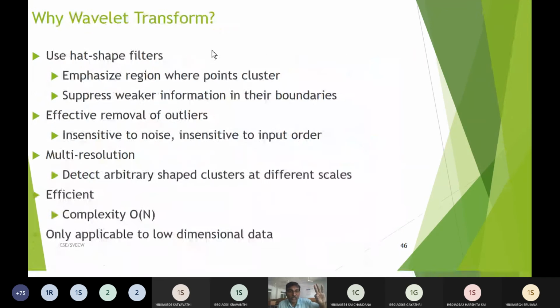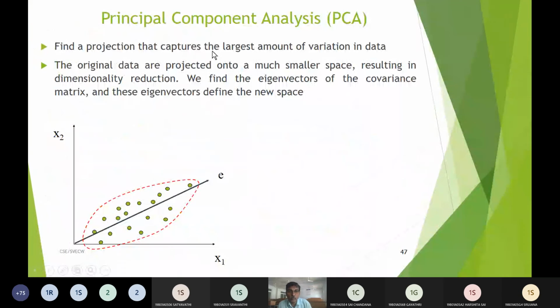After wavelet transformation, we talked about principal component analysis, where we put things in a two-dimensional attribute space. We get a good visualization, and we identify a smaller space. How do we identify a smaller space? We compute the eigenvalue, the eigenvector, and the covariance, and thereby we understand how the first attribute is related to the second, and how the second is related to the third.